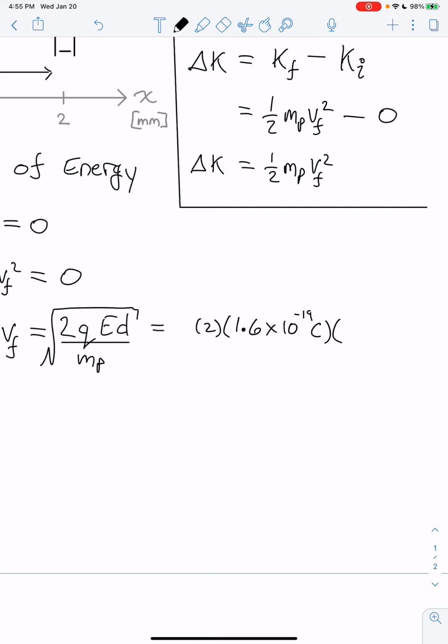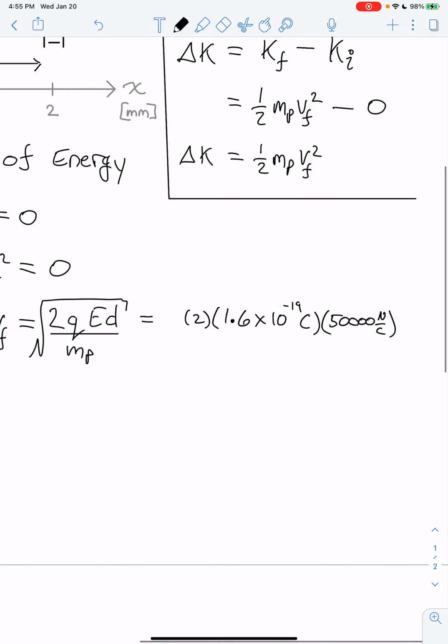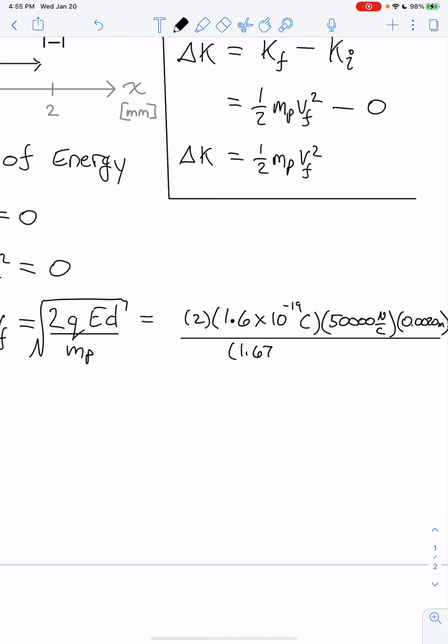Our electric field was given to us, and that was 50,000 newtons per coulomb. And then our distance was 2 millimeters, or 0.0020 meters. And this is all over the mass of the proton, which is 1.67 times 10 to the negative 27 kilograms.